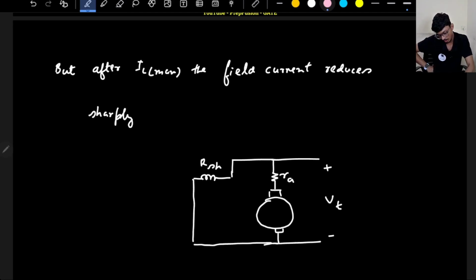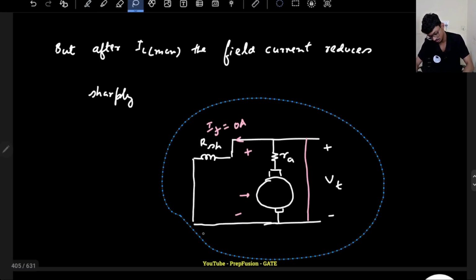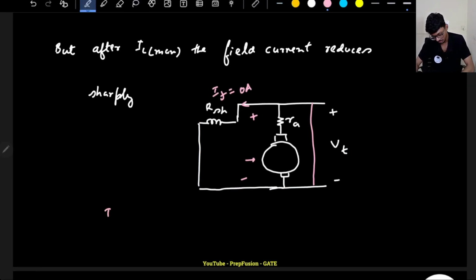If the output is short circuited, it basically means that here the voltage is 0. If the voltage here is 0, then the current here is 0. So it is the condition where the field current IF is 0. If IF is 0, what is the induced voltage? EG is simply the residual voltage.